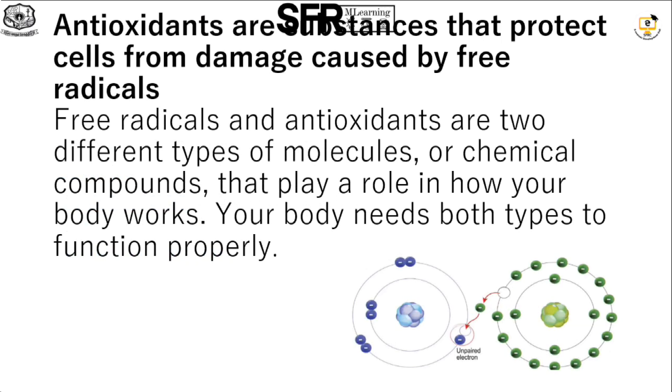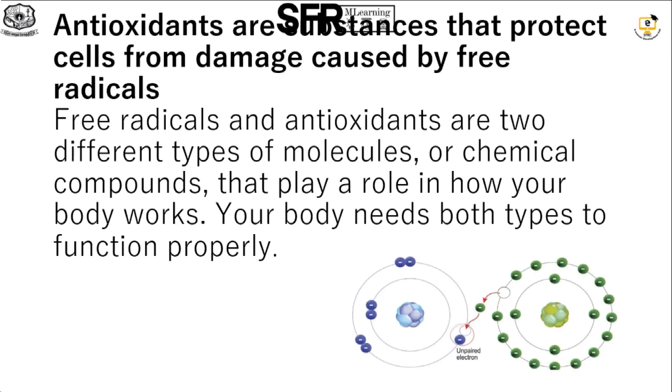How can free radicals be reduced in our body? By the presence of antioxidants. An antioxidant is a substance that protects the cells from damage caused by free radicals. Free radicals and antioxidants are two different types of molecules that play a role in how your body works. Your body needs both types to function properly.